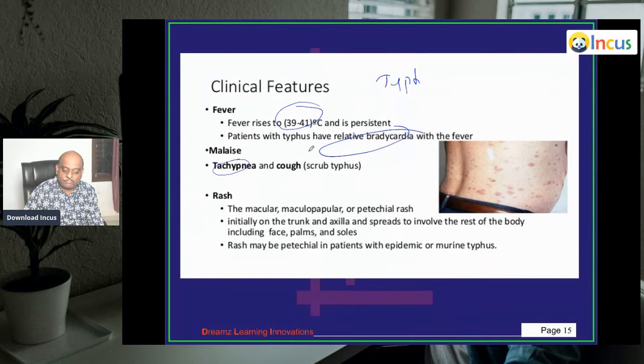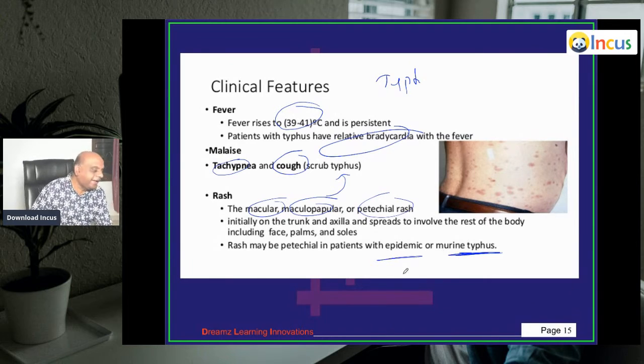Tachypnea and cough can be a feature of scrub typhus. There is a maculopapular petechial rash, especially in epidemic typhus and murine typhus. Murine typhus has another name, endemic typhus. The rash will be petechial.